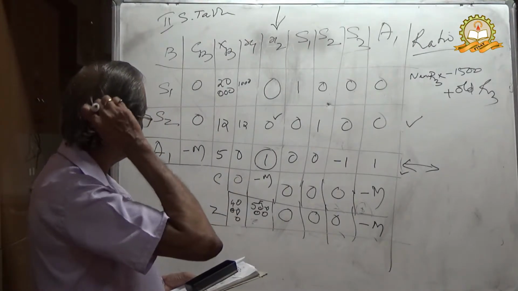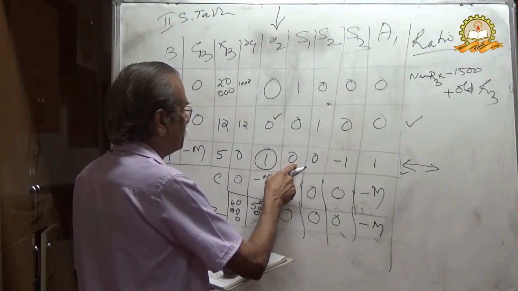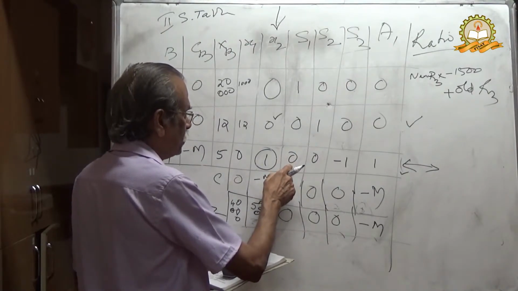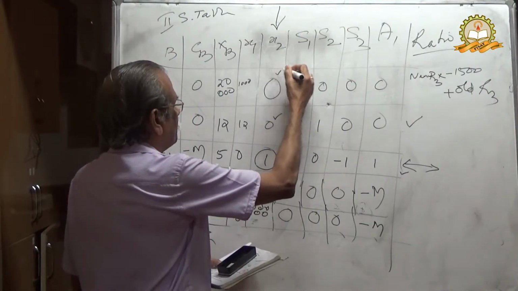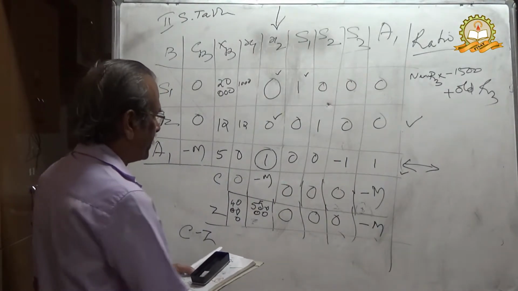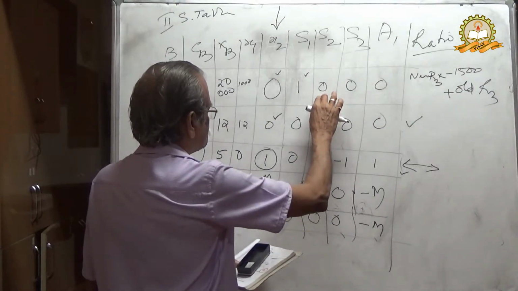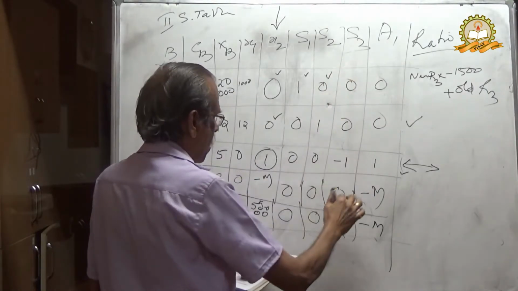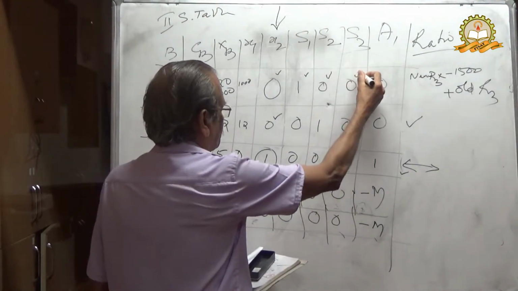Then this value into negative 1500 and add 1. This into negative 1500 and add this, same 0. This into negative 1500 and add this, 0.